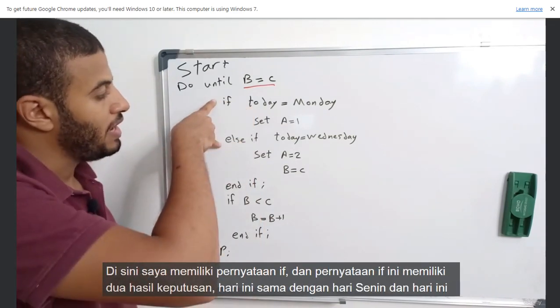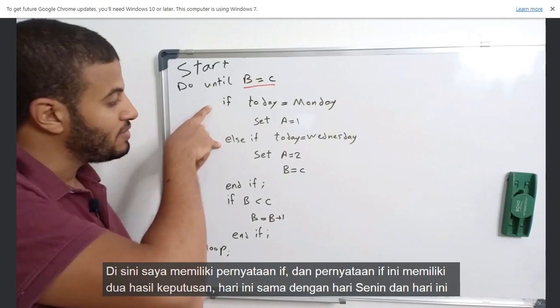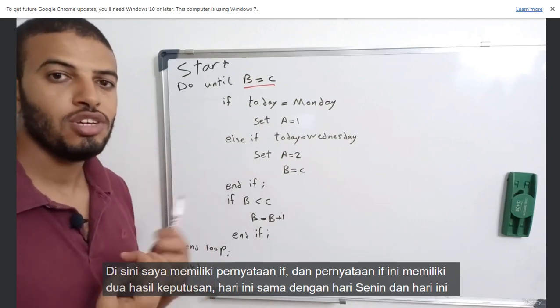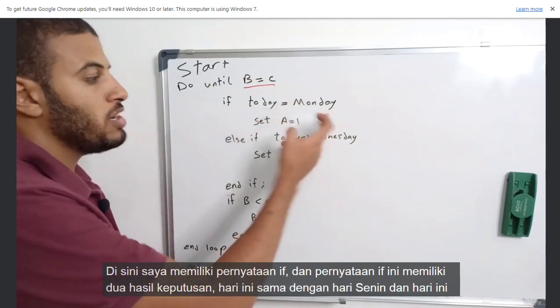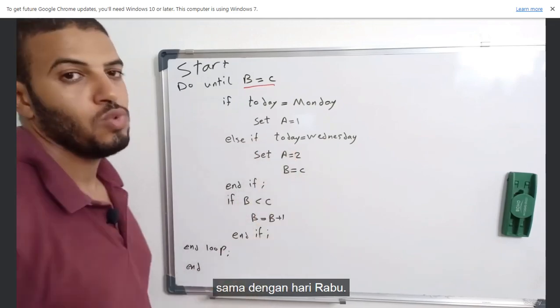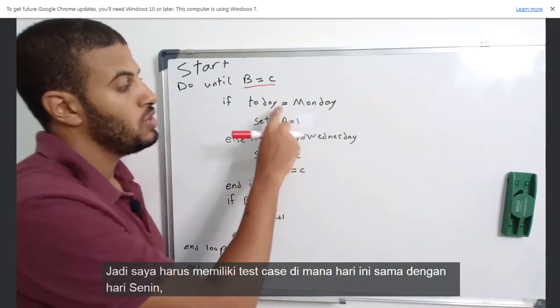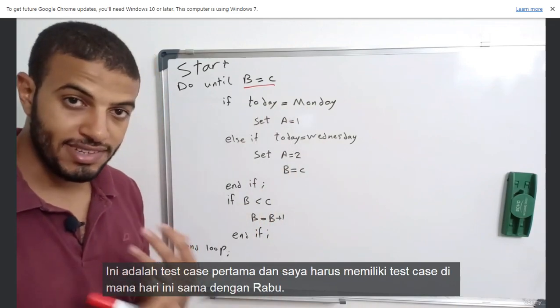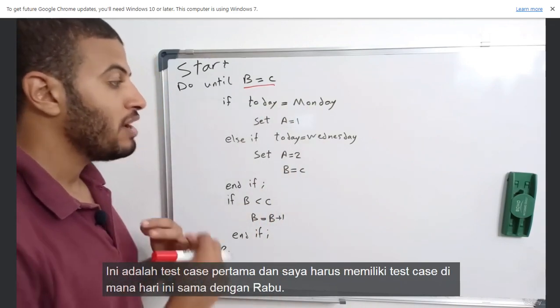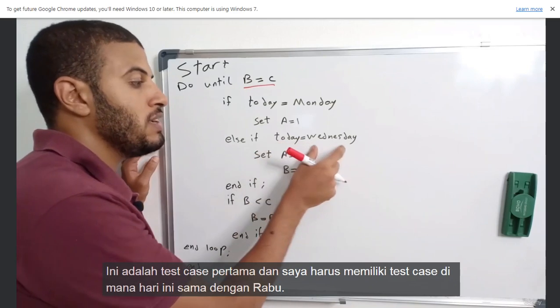Here I have an if statement, and this if statement has 2 decision outcomes: today equals Monday and today equals Wednesday. So I must have a test case in which today equals Monday. This is the first test case, and I must have another test case in which today equals Wednesday.